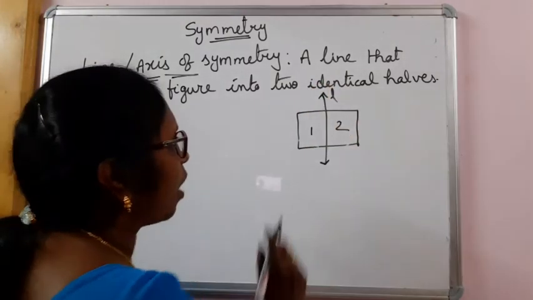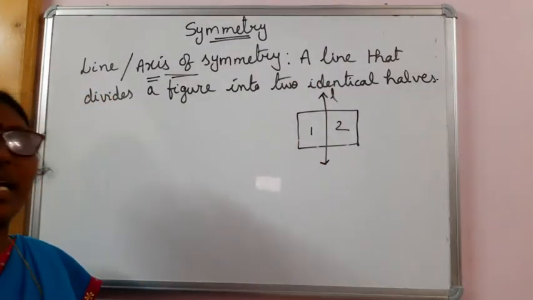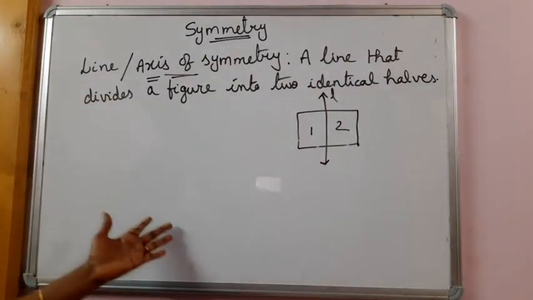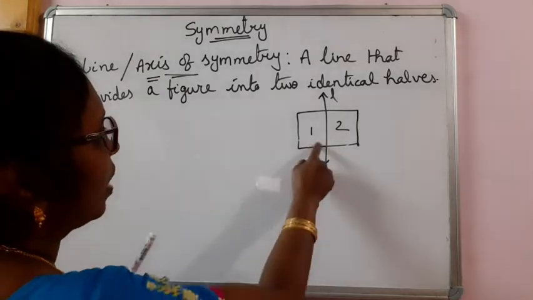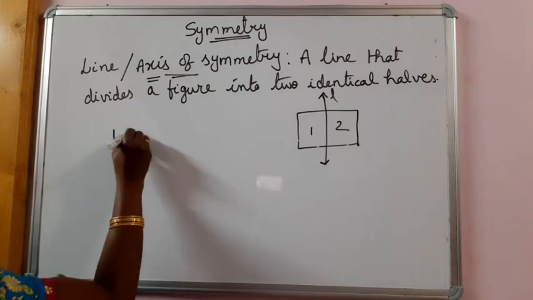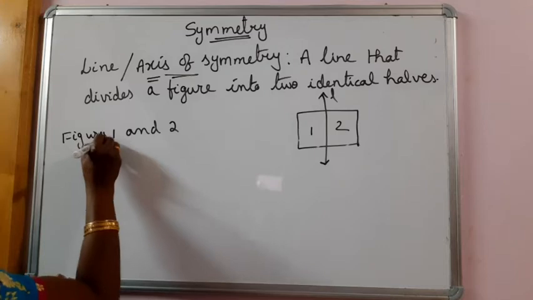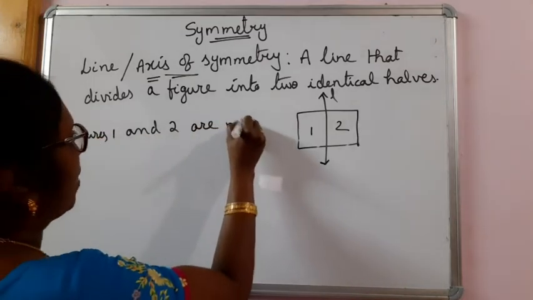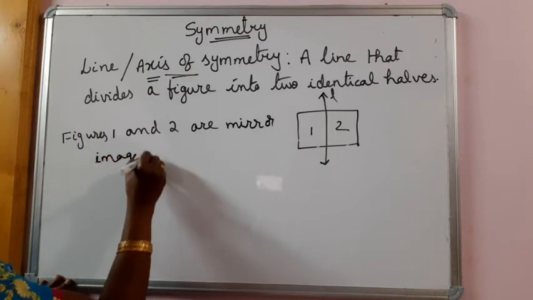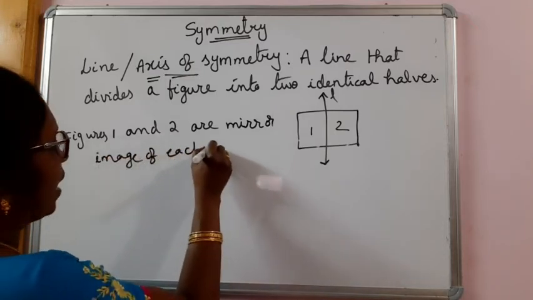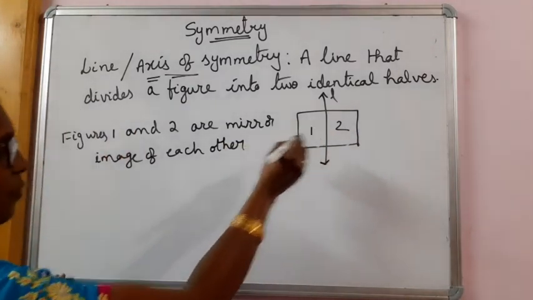Now let me explain, this line is a vertical line of symmetry. Let me explain what is vertical line of symmetry. Here I can say figures 1 and 2 are mirror images of each other. Figure 1 is a mirror image of figure 2, and figure 2 is a mirror image of figure 1.